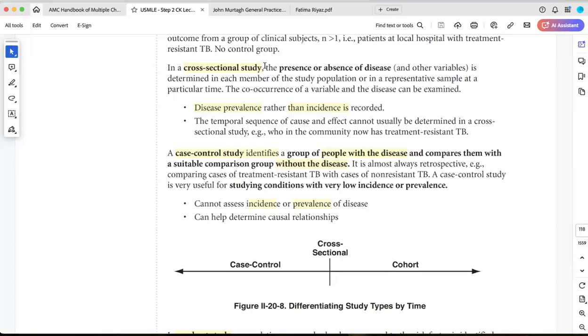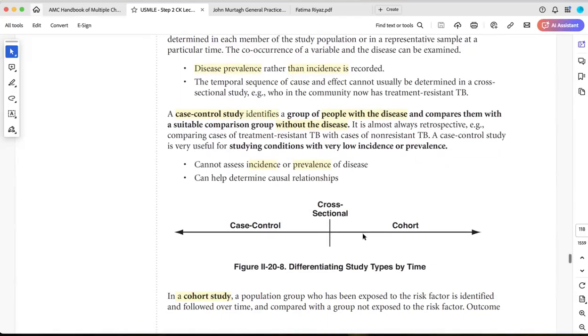Whereas cross-sectional, case control, and cohort are much bigger and more detailed studies. If you look at this picture, it gives us an idea of what they mean. Cross-sectional is in the middle, cohort goes to the future, and case control goes to the past.